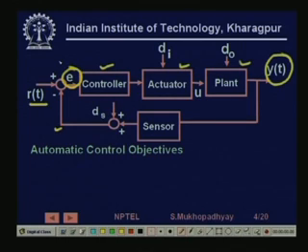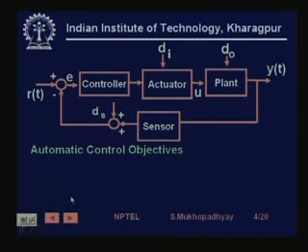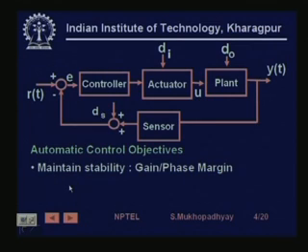So what's the objective of automatic control? The objective of automatic control is firstly to maintain stability. What does it mean? It means that if we want to hold the output at a particular level, we should be able to hold it. It's not that the output will run away, or that the output will oscillate. So we want that quantities reach certain values and stay there.